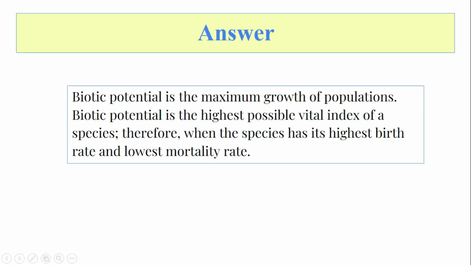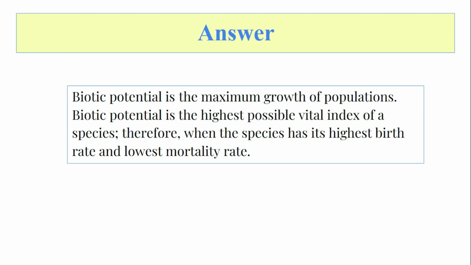Alright, so let me read. Biotic potential is the maximum growth of populations. Biotic potential is the highest possible vital index of a species, therefore, when the species has its highest birth rate and lowest mortality rate. So, in simple terms, biotic potential means how fast its population can grow.